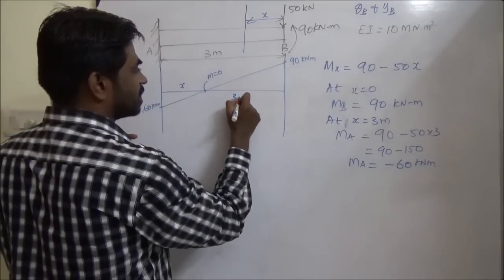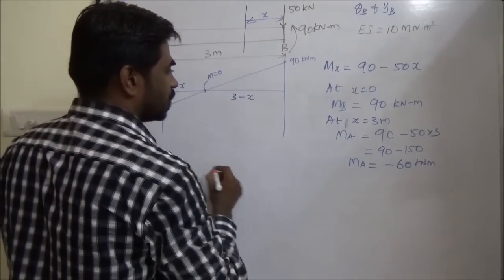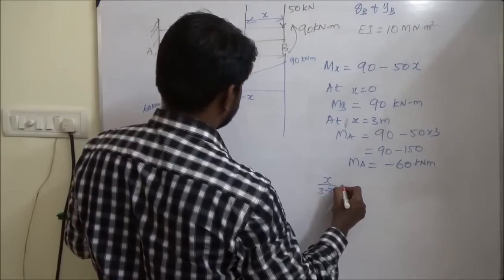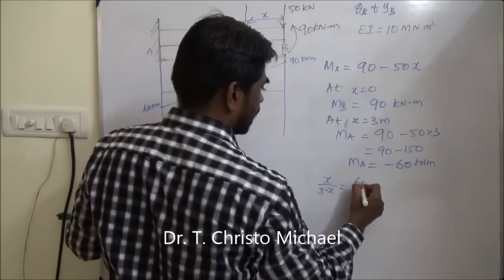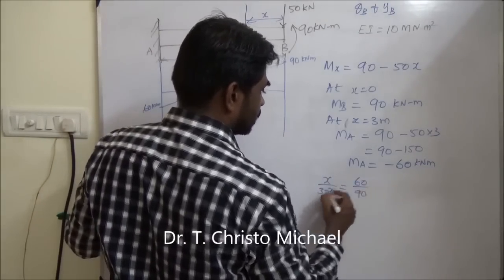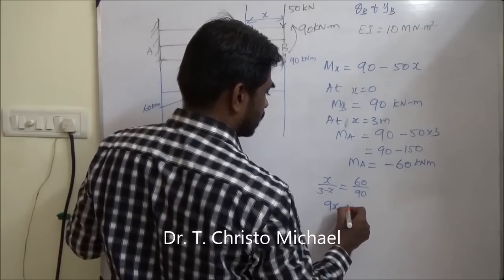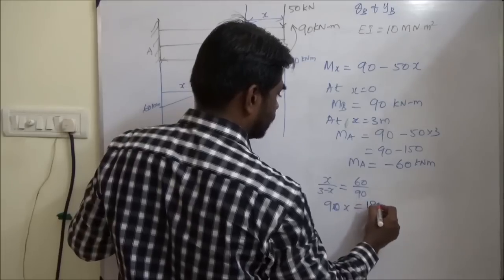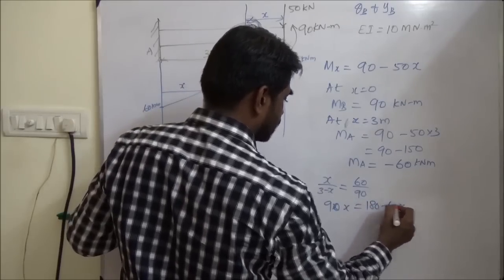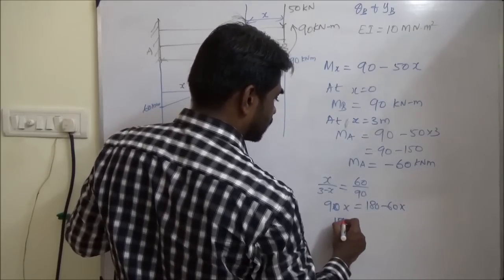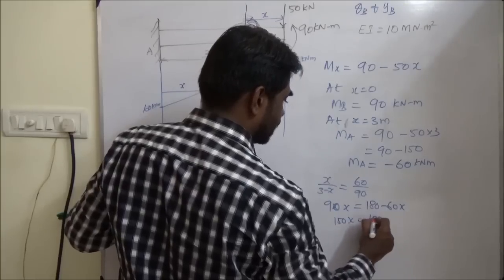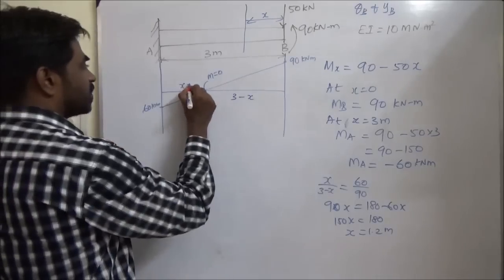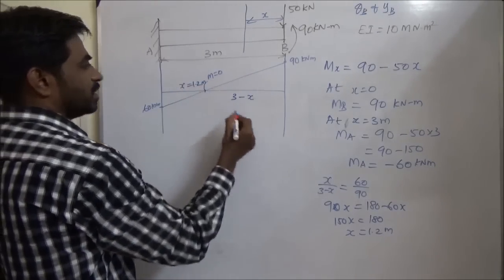If this is x, this is 3 minus x, so x by 3 minus x equal to 60 by 90, so 90x equal to 180 minus 60x. So 150x equal to 180, x equal to 1.2 meter.